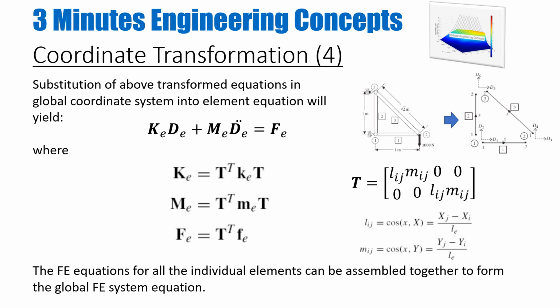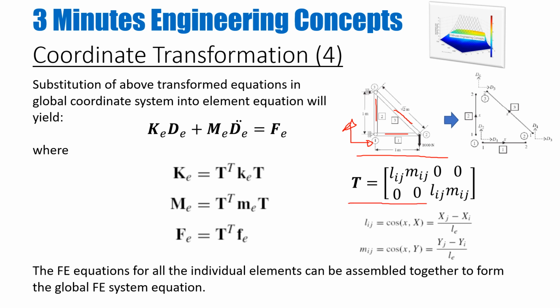If you look at the diagrams on the right hand side, in reality we can have a structure with truss elements in different orientations. This means every truss element can have a different local coordinate system, while your global coordinate system is fixed around some axis. So in such cases you need to convert those.